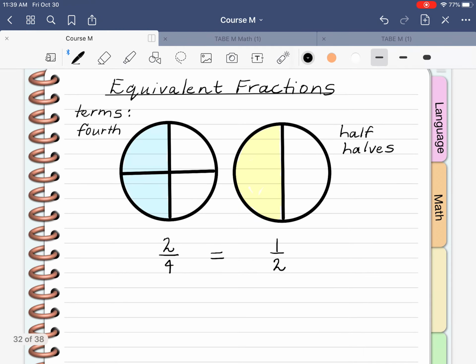So what I could say is that it takes 2 of the blue pieces, in my situation I used blue, it takes 2 of the blue pieces to equal 1 of the yellow pieces.